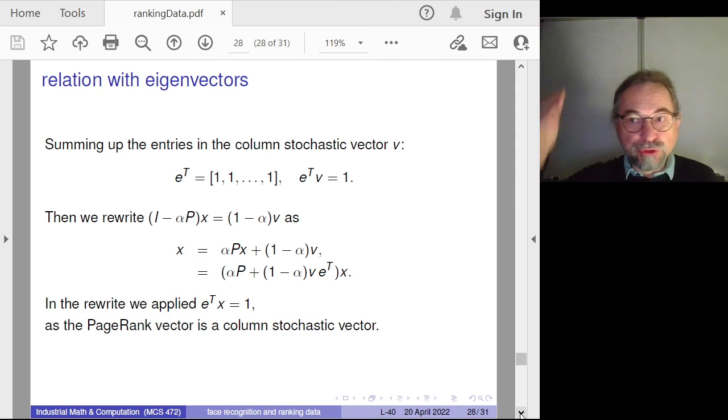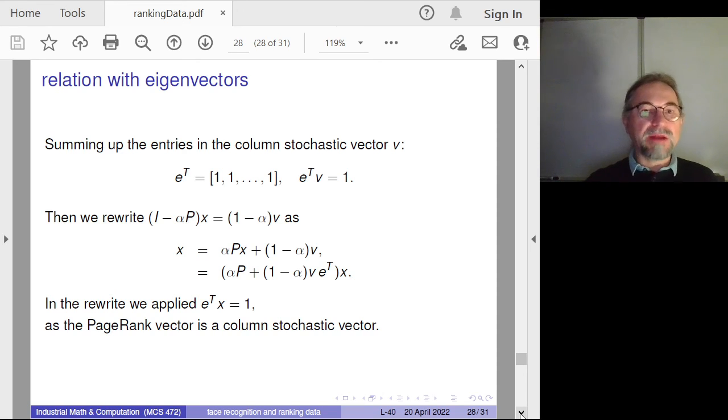The distribution vector for when teleportation happens is again a probability vector. So all the entries have to sum up to 1, and we will use this property. So if you have V E transpose, the PageRank vector itself is also a stochastic vector.